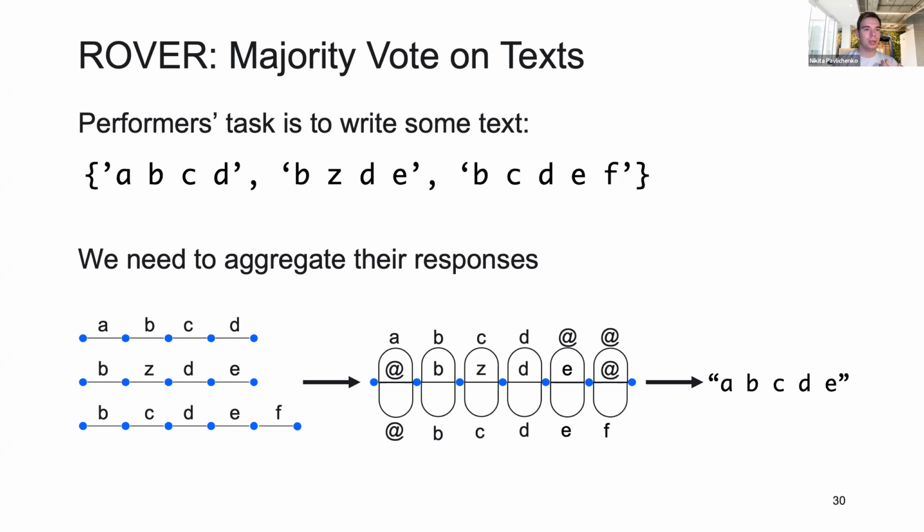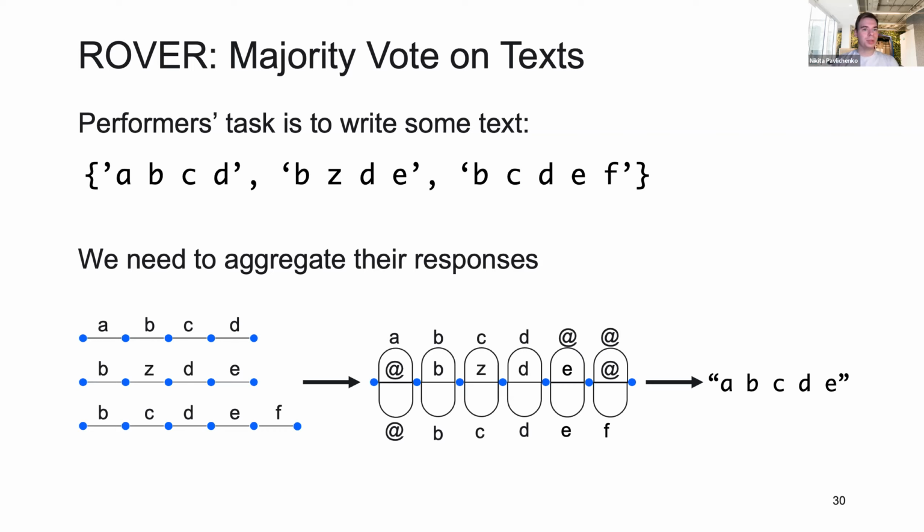And let's consider that each task is completed by multiple performers, and each performer writes some text. Here on the slide are 3 texts written by performers. All these texts are slightly different from one another. And we also need to somehow aggregate these responses. And there we use some text aggregation methods.